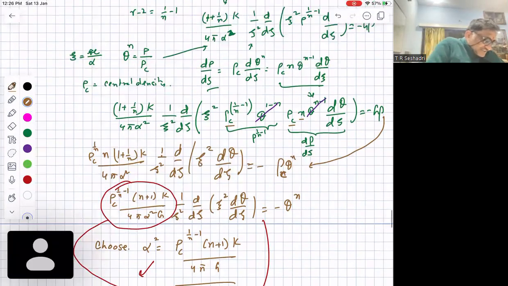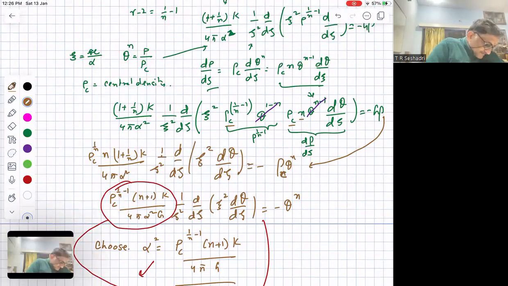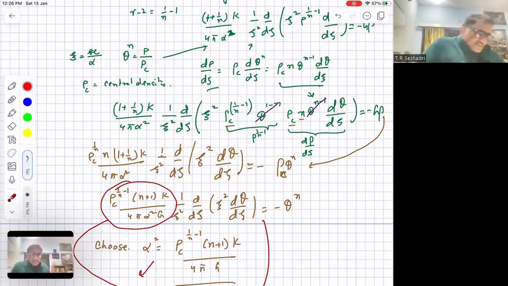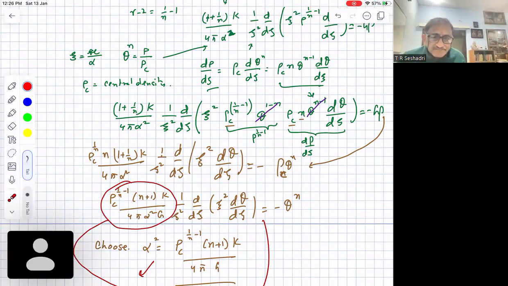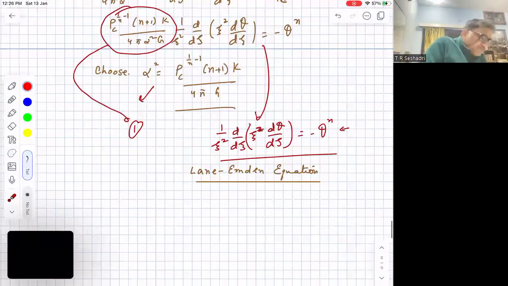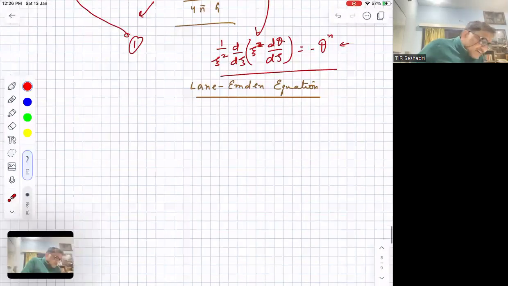When n equal to 0, you have theta power 0, which means a constant density sphere. So it is a constant density sphere, isotropic. Okay.